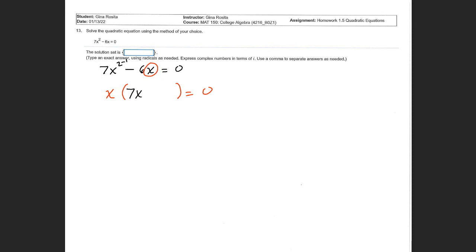So the answer is x, okay, minus 6. Yeah, so now 1x. The same, remember again, if a times b equals 0, the answer is a equals 0 or b equals 0. This is the same. So x equals 0 or 7x minus 6 equals 0.